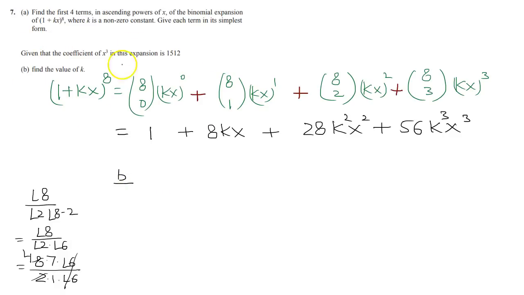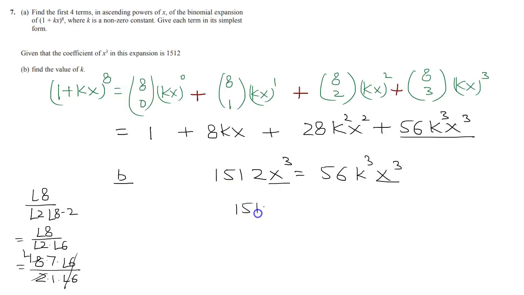Now b, the coefficient of x cubed is 1512. Is there any x cubed here? Yes. So this is equal to 56k cubed x cubed. Now x cubed is common here, so we write the remaining one. 1512 is equal to 56k cubed.